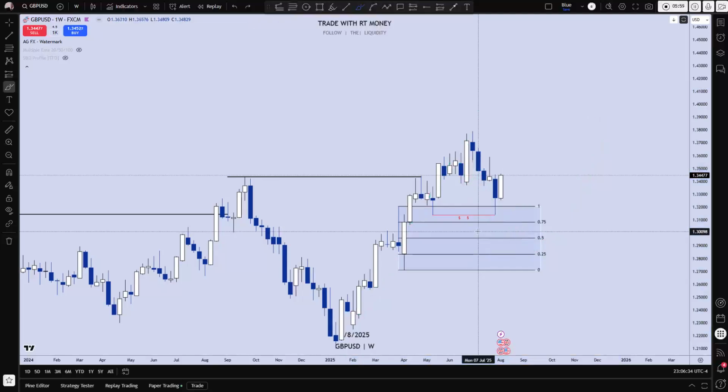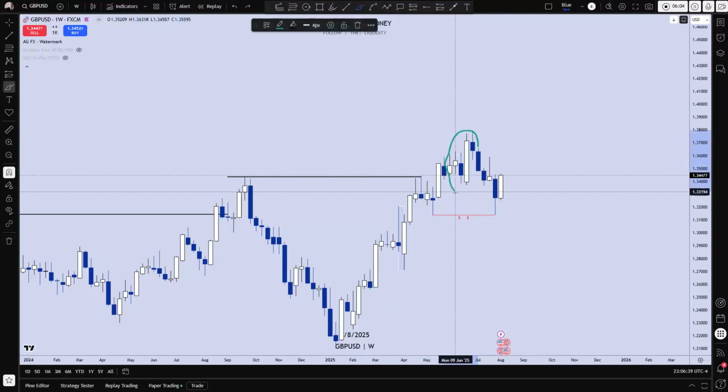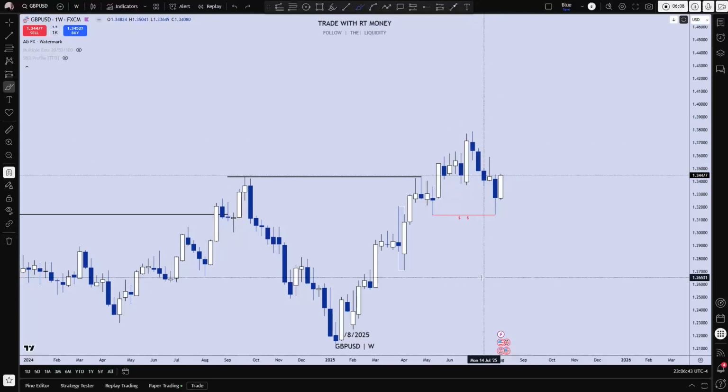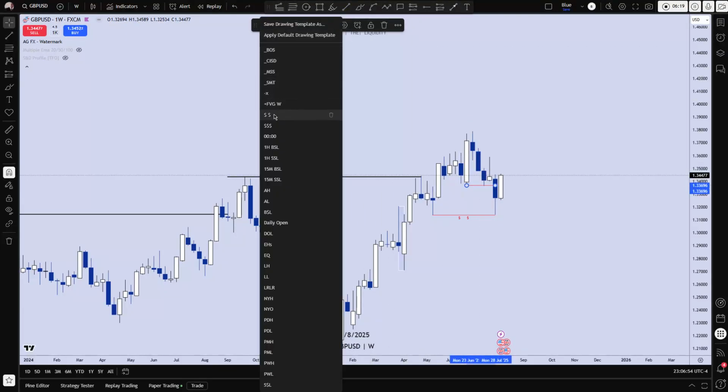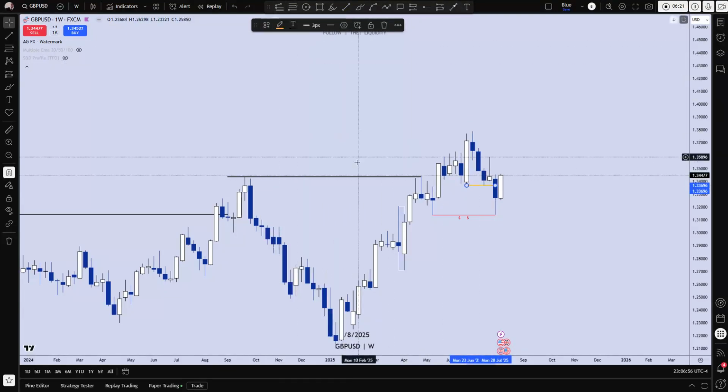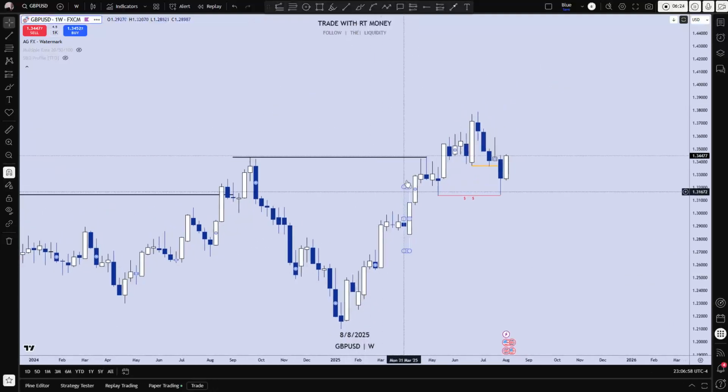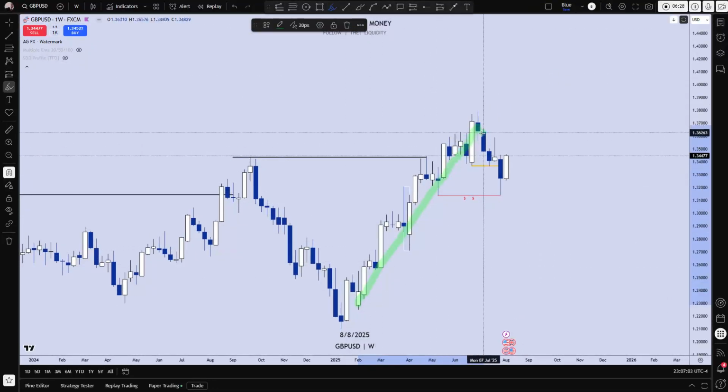I want you to also bear something else in mind. This is the makings of the market maker sell model. Why? Look at this. This is a change in the state of delivery. Price is changing from a bullish market to a bearish one as it crosses this line.